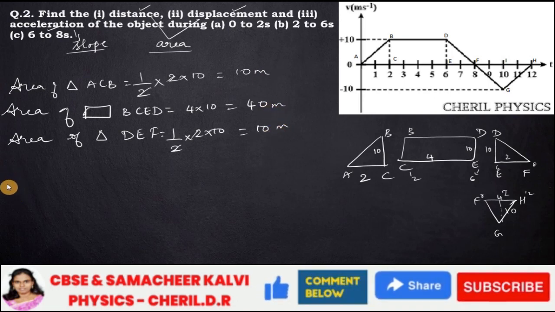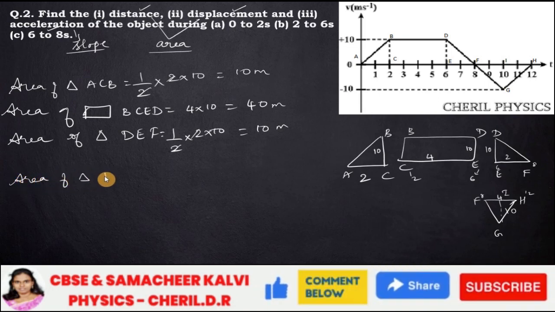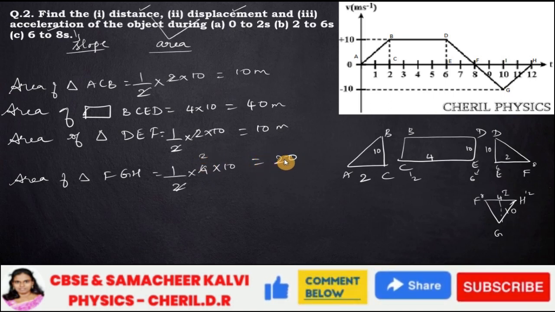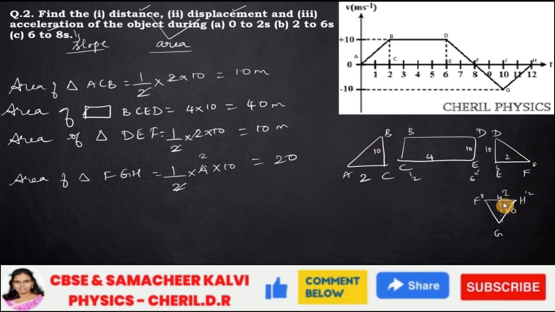And then the next area is the area of triangle FGH, which is half into 4 into 10, so 2 2s are 4, it is 20. This 20 you will be subtracting when finding the displacement.